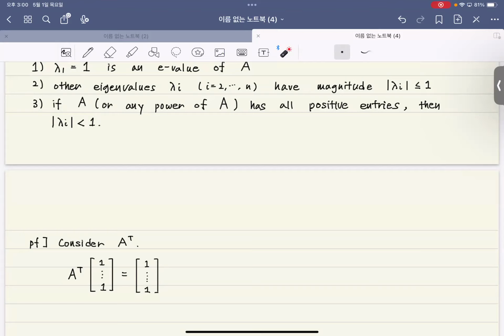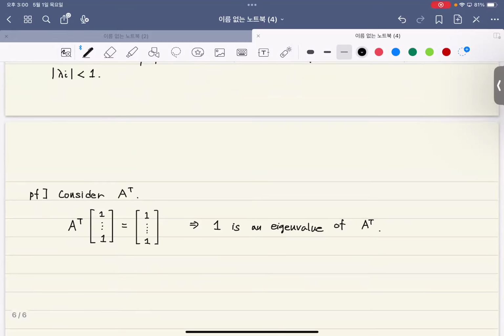So what do you know from here? A transpose has eigenvalue 1 with eigenvector 1, 1, 1, 1, 1. So 1 is an eigenvalue of A transpose.